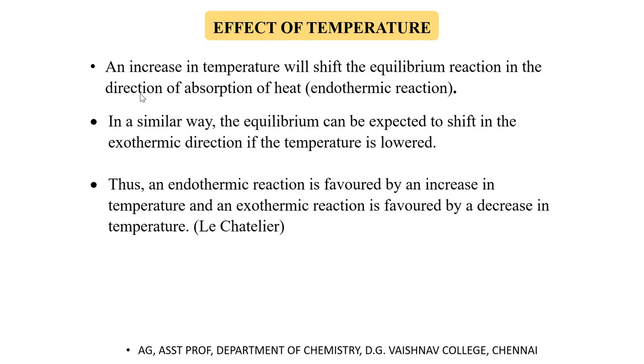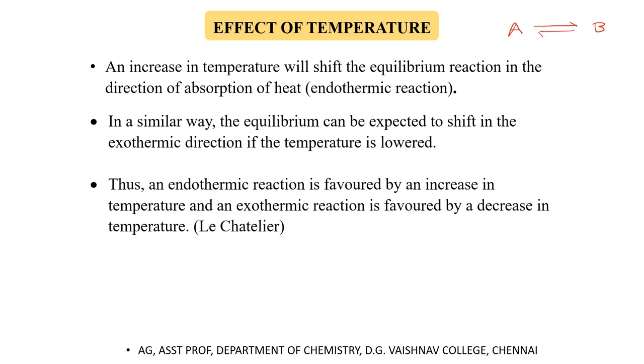Listen, we all know how we represent an equilibrium reaction. Suppose we have a reactant A and a product B. Assume that A reacts to give B, and under the same set of conditions B also reacts back and gives A. If the rate of the forward reaction and the rate of the backward reaction are equal, then we say that the reaction attains equilibrium.